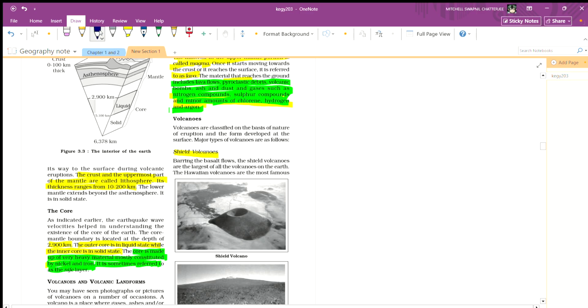The largest of all volcanoes on Earth. The Hawaiian volcano is an example, and the most famous.